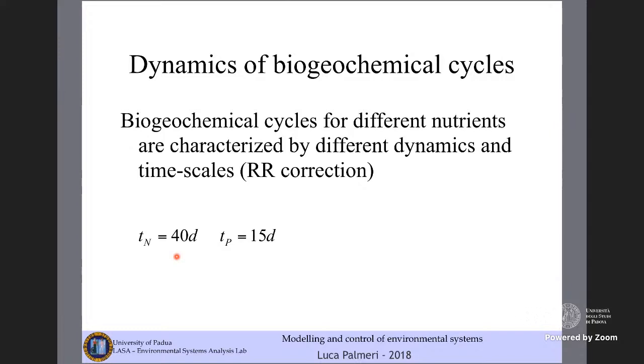You have to take this into account when you are evaluating limitation through the Redfield ratio. Time scales are relevant in order to introduce correct Redfield ratio corrections, because phosphorus becomes available much more quickly than nitrogen.